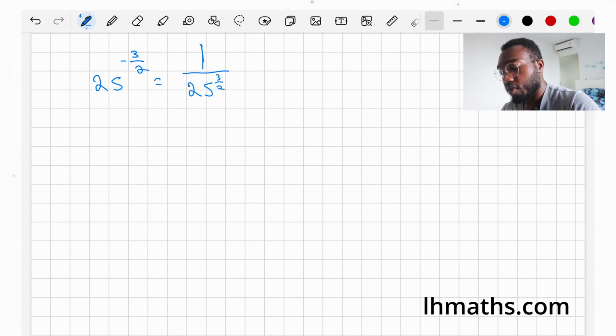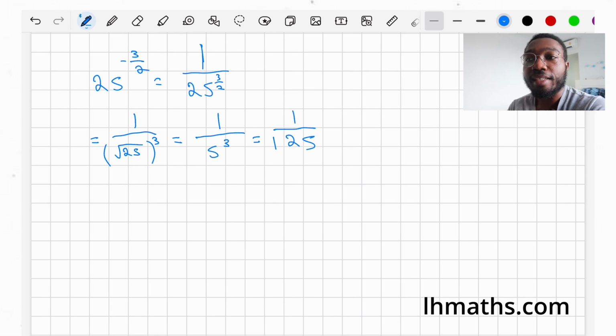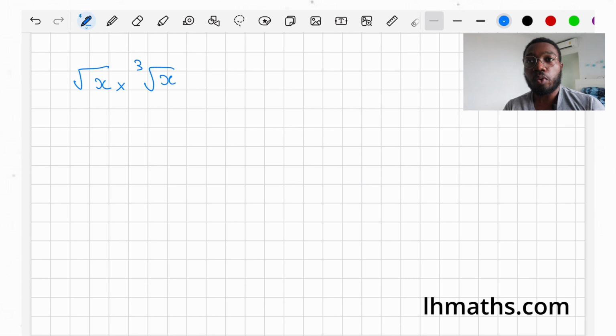Once you get to that stage, we have 1 over the square root of 25, and that is raised to the power of 3. So you work out the square root of 25 is just 5, and then we still have that to the power of 3, and 5 to the power of 3 is simply 125.